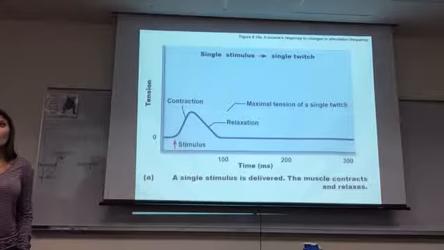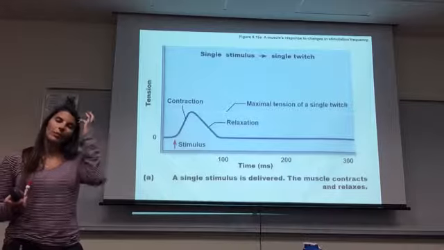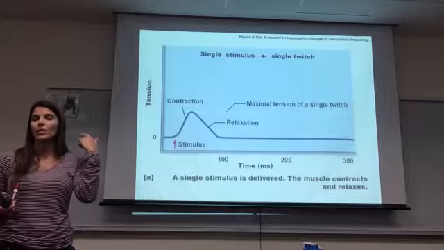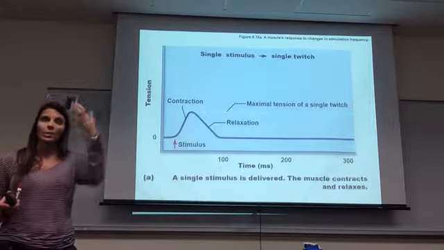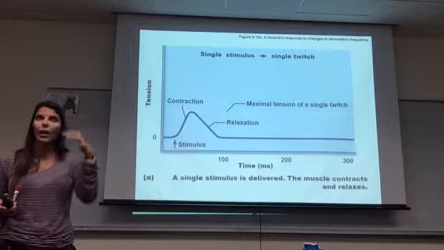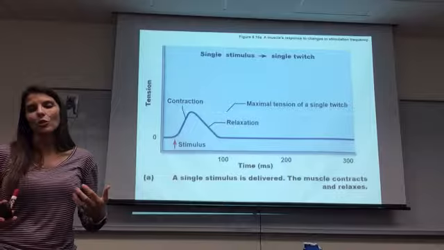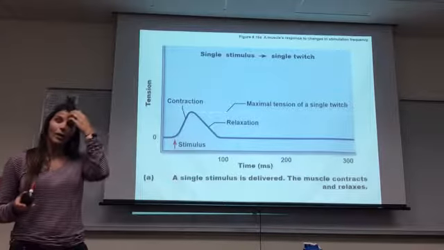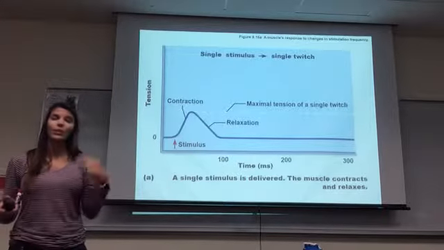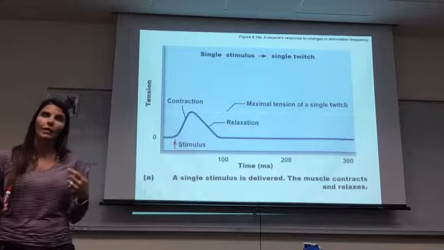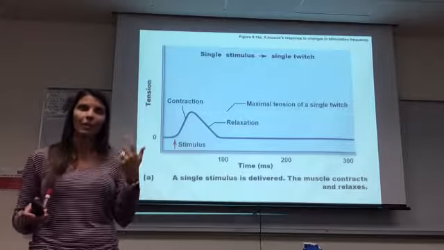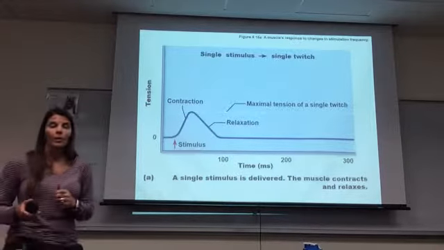It could be reflexive, though. When we get to the nervous system, we'll talk about the fact that some things go to your spinal cord and some things go to your brain. And when it goes to your brain, you actually integrate it and you try to figure out, what am I going to do with this information? When it goes to your spinal cord, there's nervous system integration, but it's a much lower level of thinking. So it could be spinal cord. It's like pre-programmed.